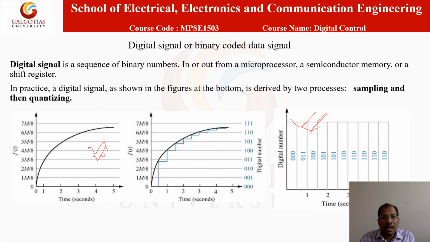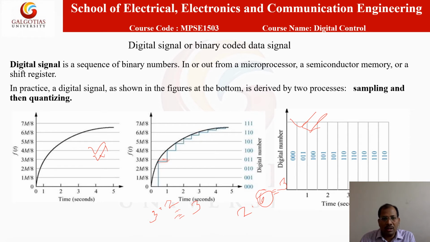quantization process. They are representing all the data in terms of integers, in the form of 0 and 1. Suppose we get 3.2, we have to make it equivalent to 3. Suppose we get 2.6, we have to make it 3. Like that we round off the signal.